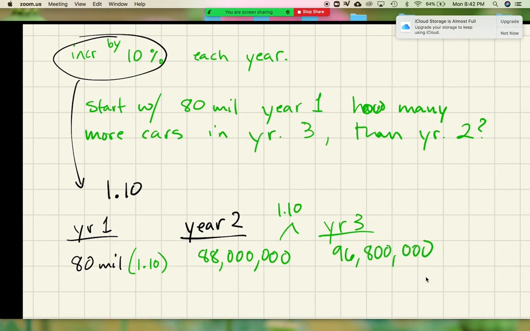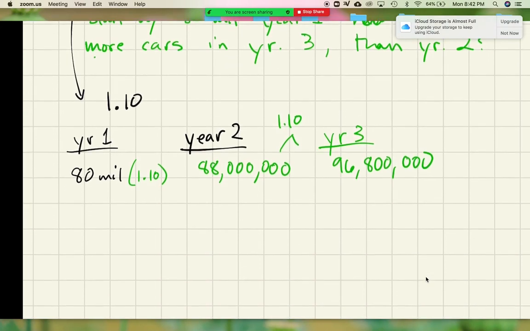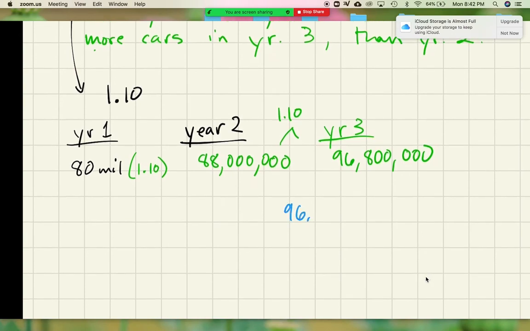But it's not asking how many I have in year 3. It's saying how many more cars in year 3 than in year 2. So that just means I take 96,800,000 and I subtract 88 million.